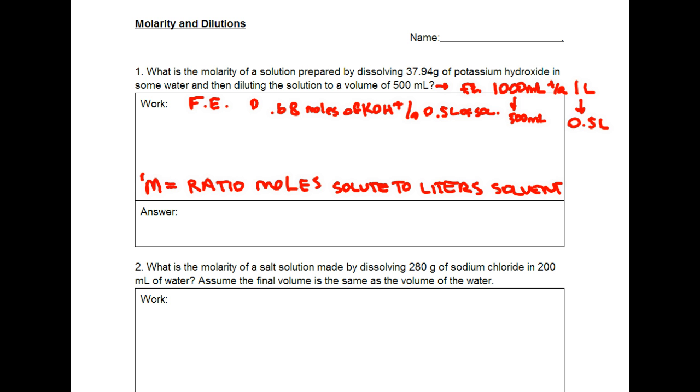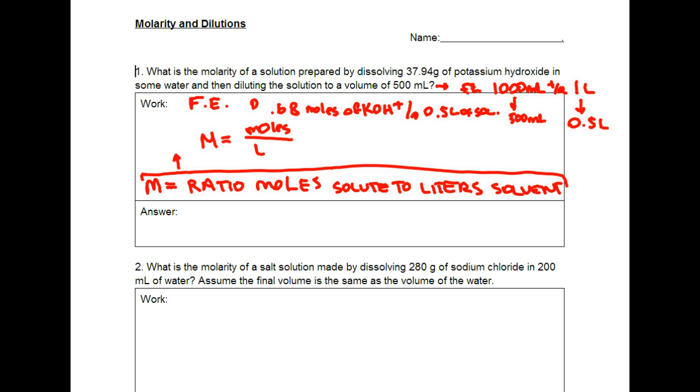Using this concept, where it's a ratio, we figured out what the calculation for molarity is from our previous practice. So molarity is moles of solute over liters of solution, which is the same as saying 0.68 moles of KOH over 0.5 liters.